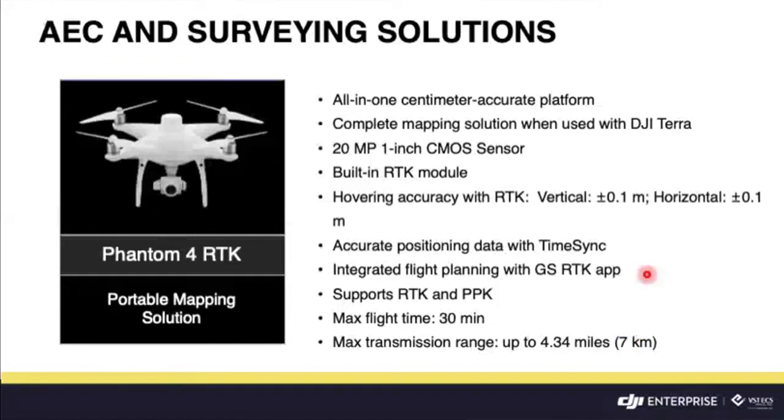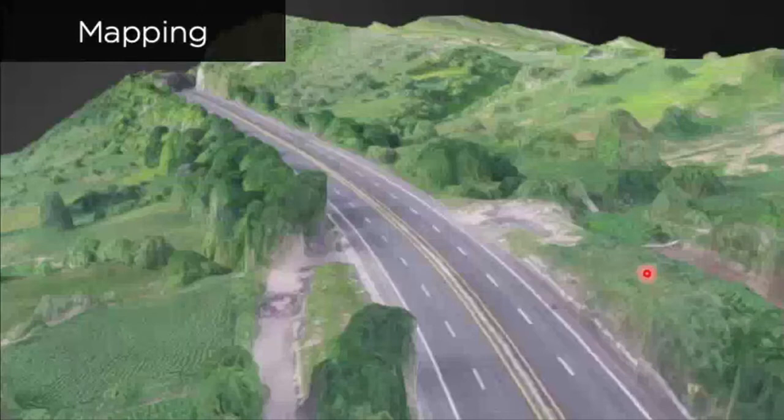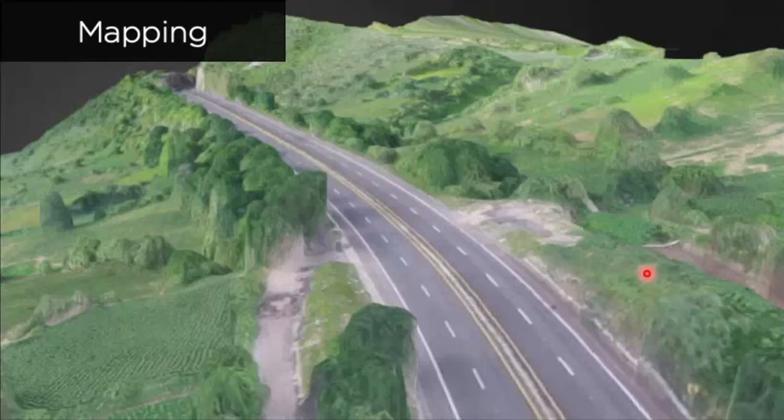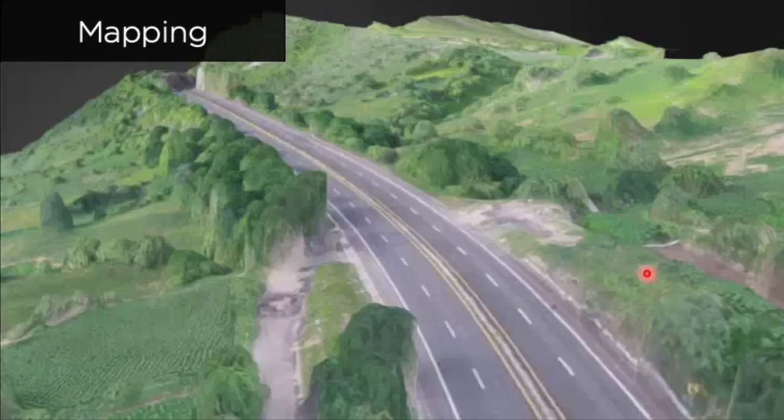So, for a sample, a 3D map generated by the use of the Terra software, captured by the camera of the Phantom 4 RTK, you can easily generate this kind of map.